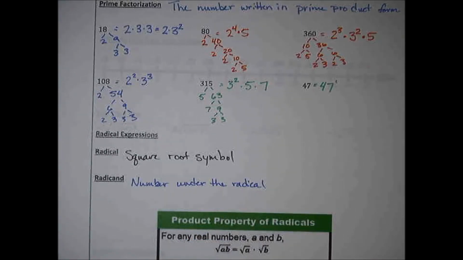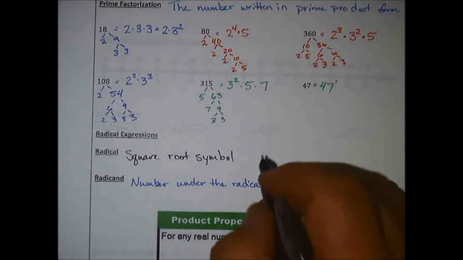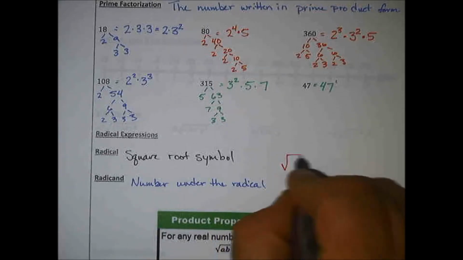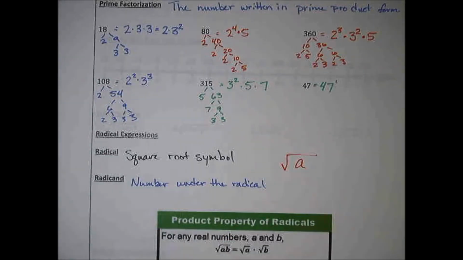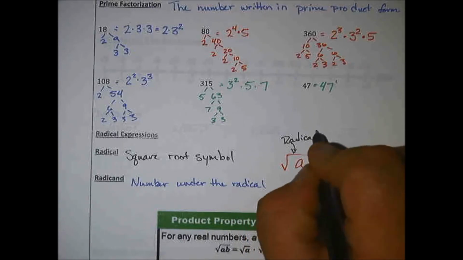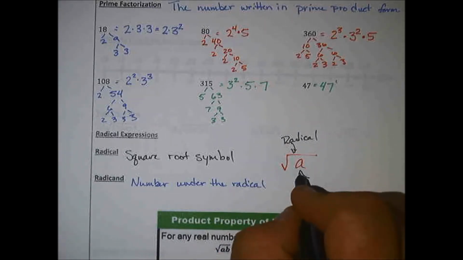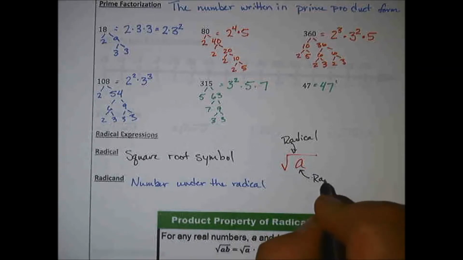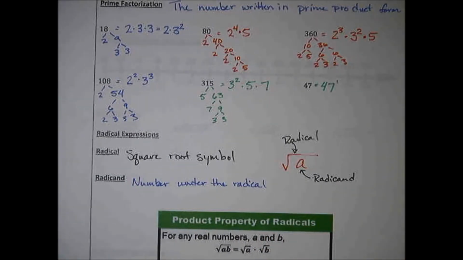Radical, radical, radical. See, you got that stuck in your head now, don't you? If I have the square root of a number, see how I did that? This symbol right here, that's the radical. And the number down here is the radicand. All right? And that's as simple as it is.